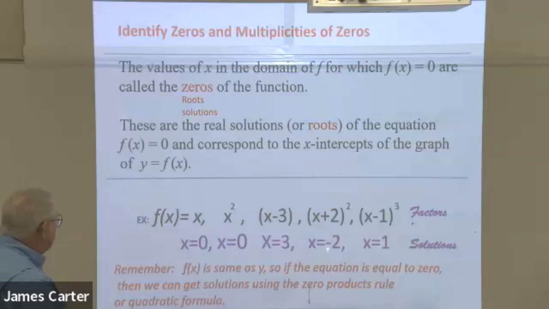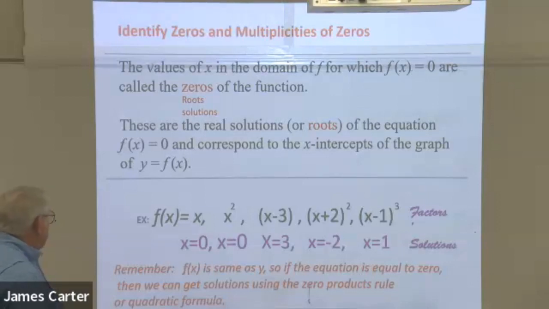If the factor is x plus 2, then we get a negative 2, and so on. So I can give you a factored problem, or I can give you an unfactored problem. If I give you a factored one, it's easy, because right there are the solutions already.